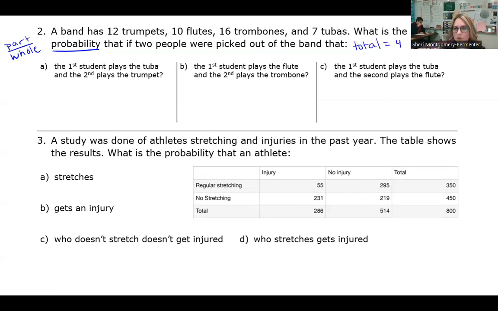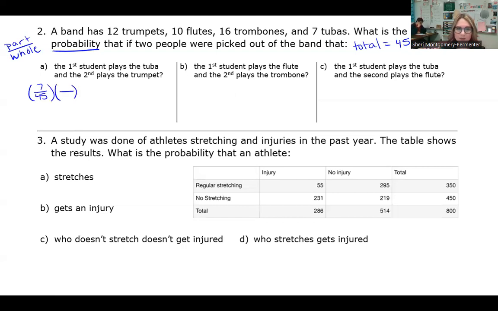Very good. We got 45 in the band. So it says that the first student plays the tuba. How many tubas are there? 7. So we got 7 out of 45.